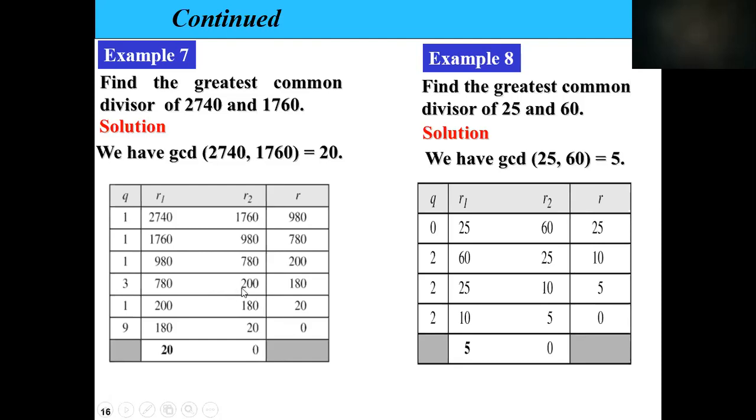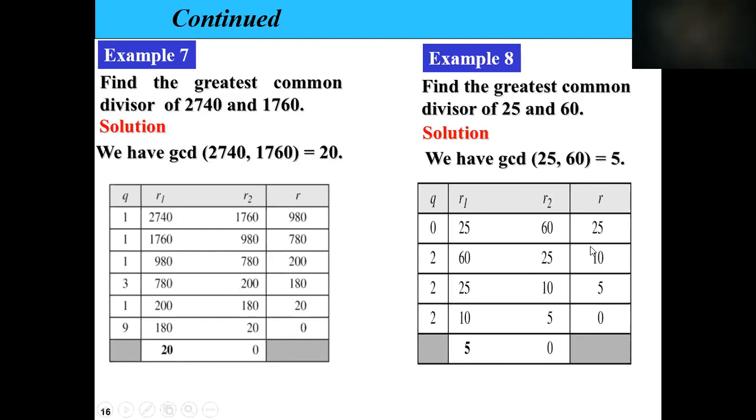In that case, the quotient is 3 and the remainder is 180. Similarly, you apply the same procedure until you get 0 as a remainder. Once you get 0 as a remainder, you place this 20, which is R2, over here. This will be the GCD of 2740 and 1760, the GCD of these two numbers.